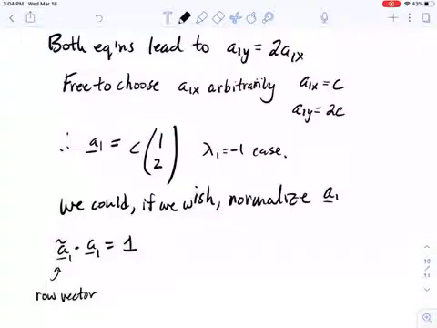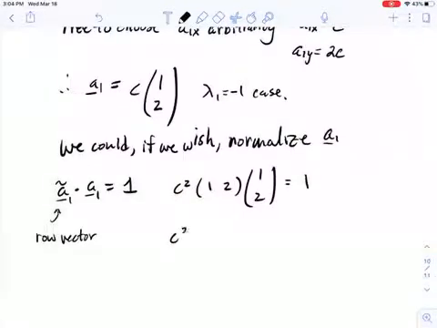So if we did that, we would get c squared times (1, 2) times (1, 2) would have to be equal to 1, which is c squared, let's see, 1 plus 4 is equal to 1, and so therefore c would be equal to 1 over root 5.